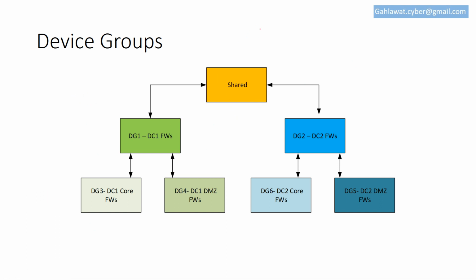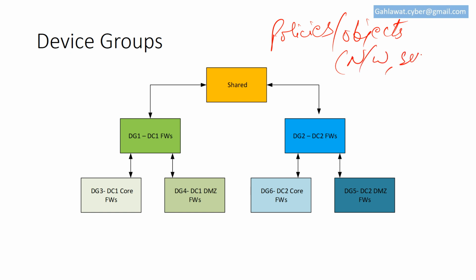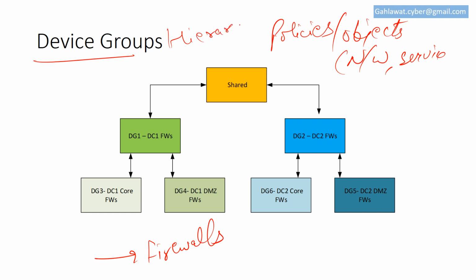Now note that the policies and the objects, so these objects include the network objects, service objects, the object groups and other things, are pushed to the individual firewalls based on the device group hierarchy, and that is from the top to bottom.